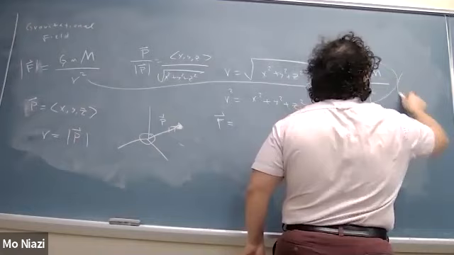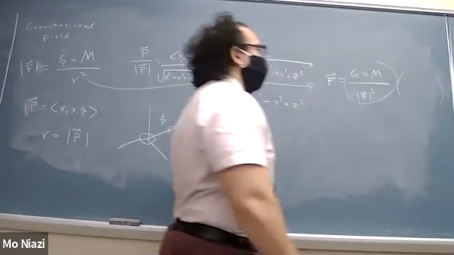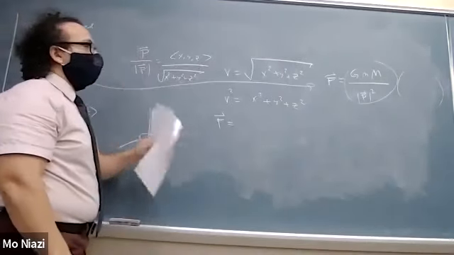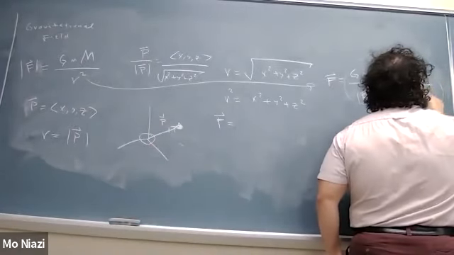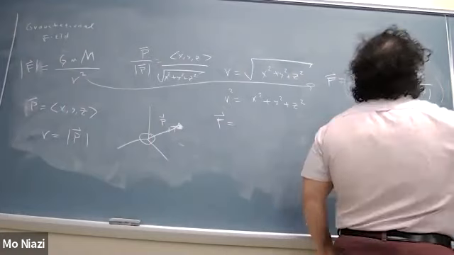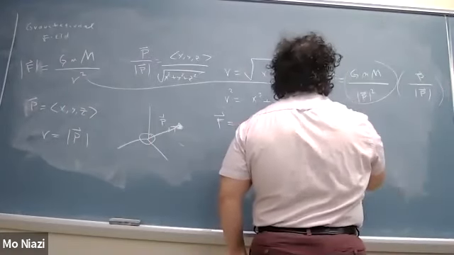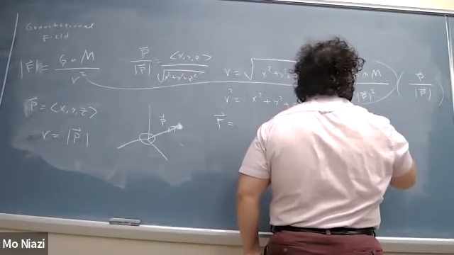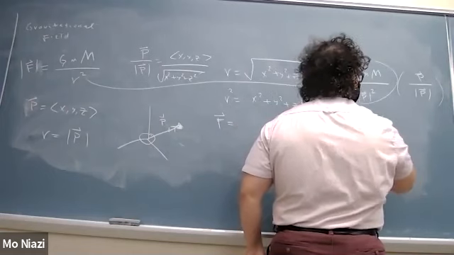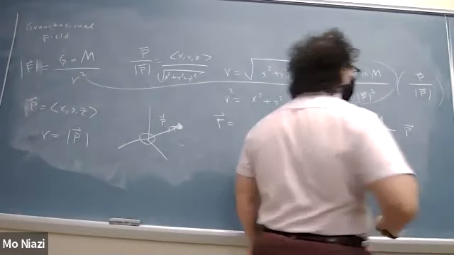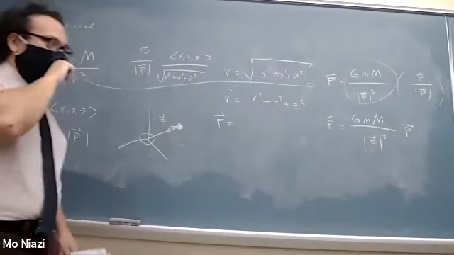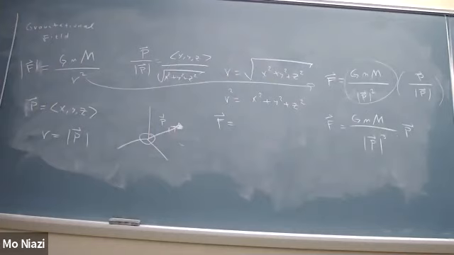For it to be a vector, there needs to be a vector here, and that is precisely this unit vector. So when you do that and then simplify, what you get is very interesting, how there's a cubed term showing up. Now it's a full-blown vector. Before it was just a scalar.